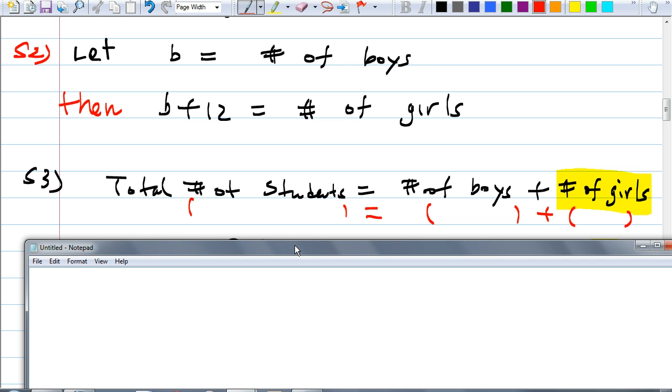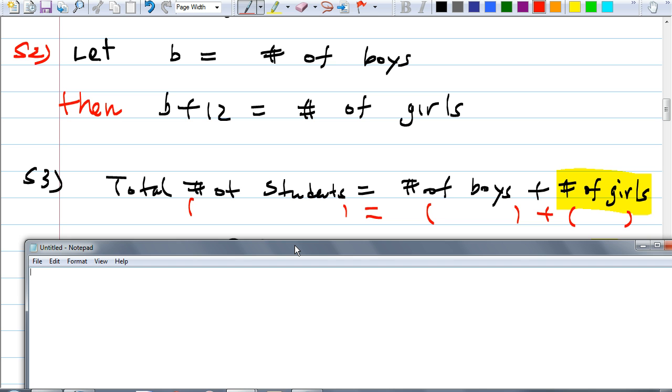So look at how we are expressing number of boys as B. So guess what we're going to plug in for number of boys? B. Good. And what about number of girls? What are you going to plug in there? Say it again. 12. So there are 12 girls in this problem.